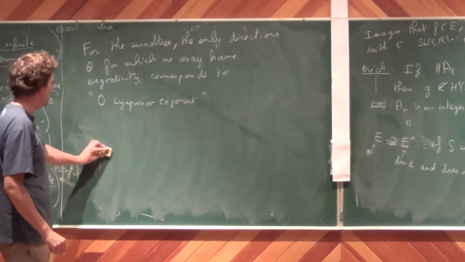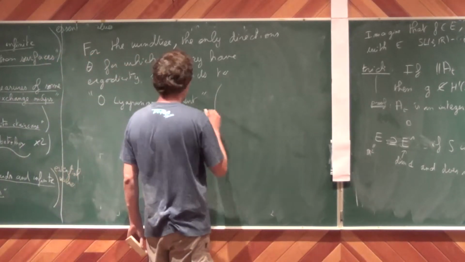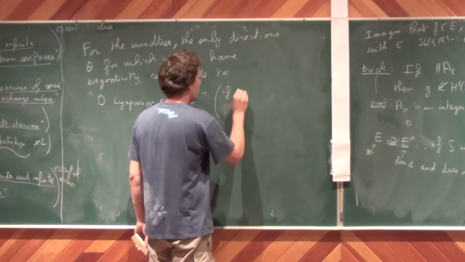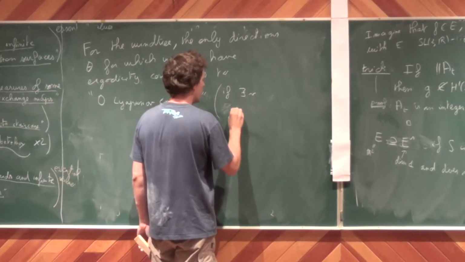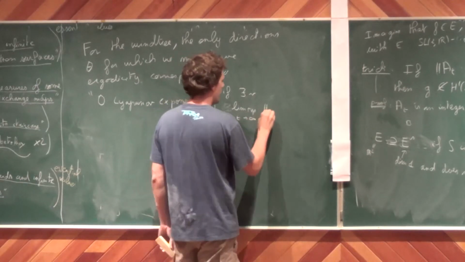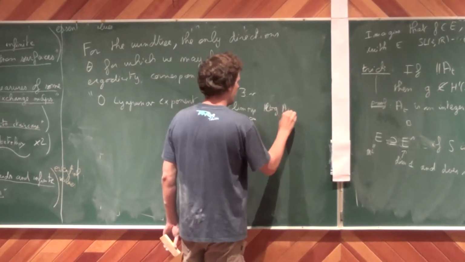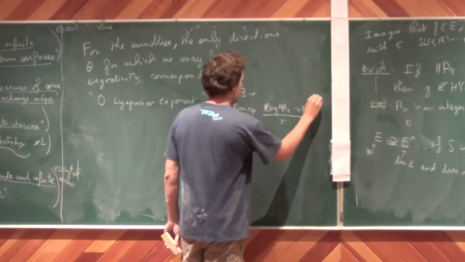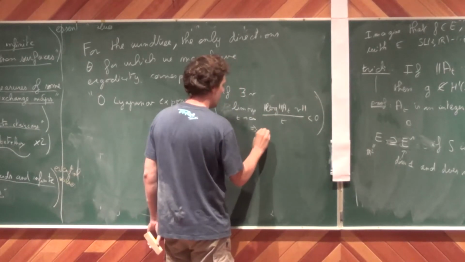along some vector space. So what do I mean by 0 Lyapunov exponent is: if there exists a vector v such that lim sup as t goes to infinity of log of AT v over t is negative, then this implies non-ergodicity.